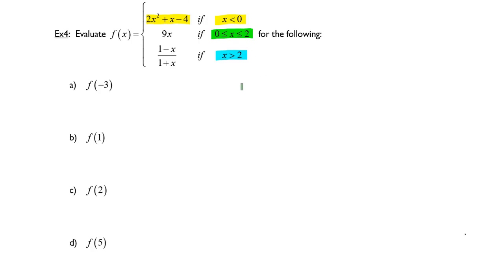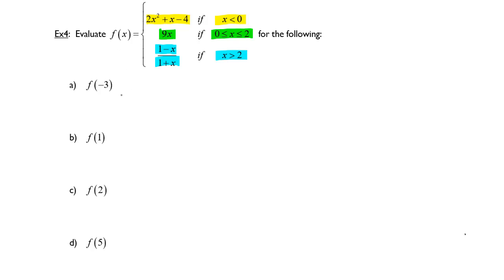The corresponding rule for inputs between 0 and 2 would be 9x. And the corresponding rule for any values greater than 2 would be 1 minus x over 1 plus x.